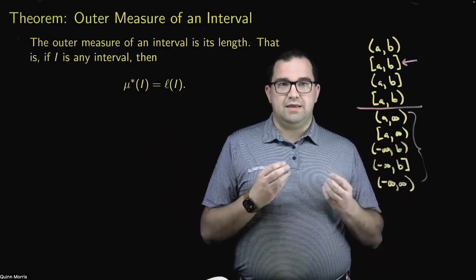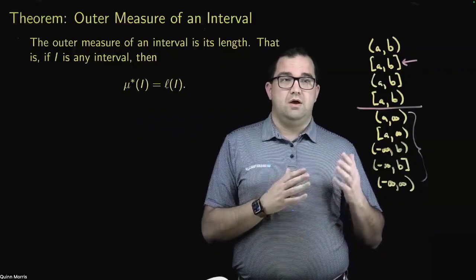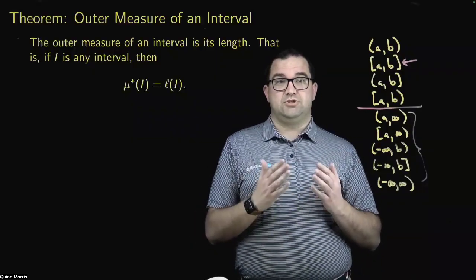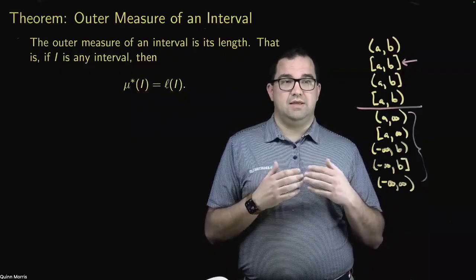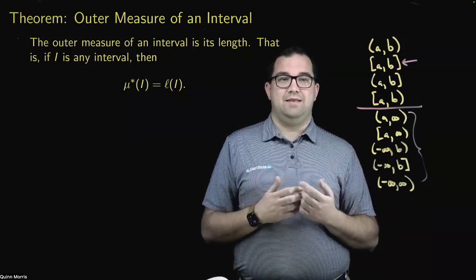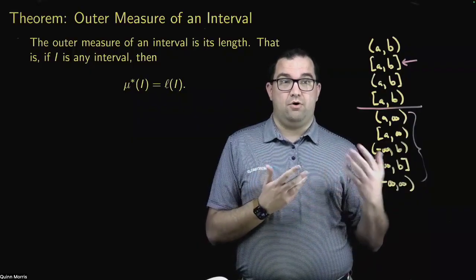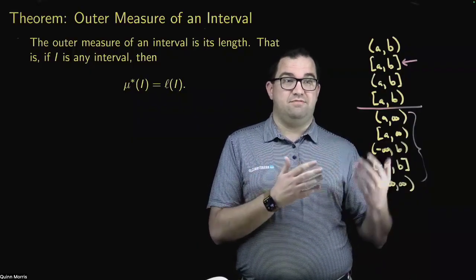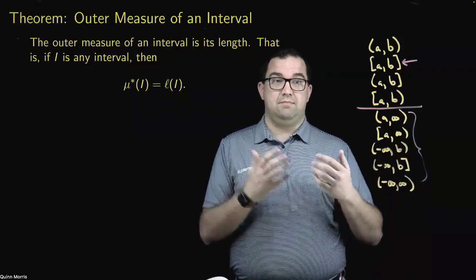Now, you can get into some problems, and indeed, if we had a full semester course in measure theory, one of the first things we might do is actually discuss in depth the extended real numbers. Those are essentially the real numbers with a notion of infinity added in. And then you need to talk about arithmetic properties of how: what is a plus infinity? What is infinity plus infinity? What's infinity minus infinity?